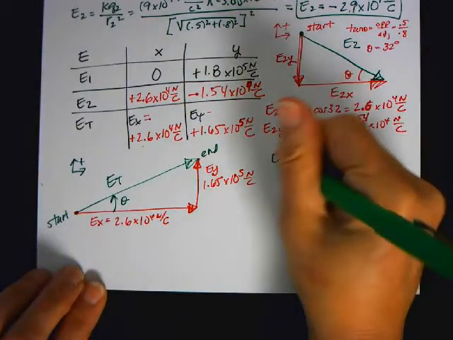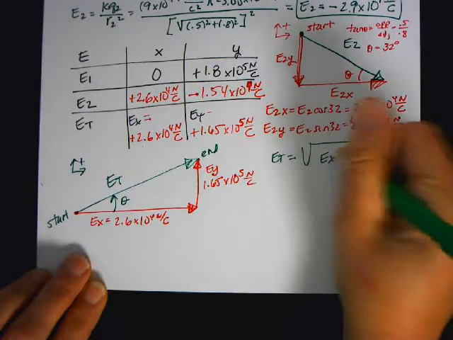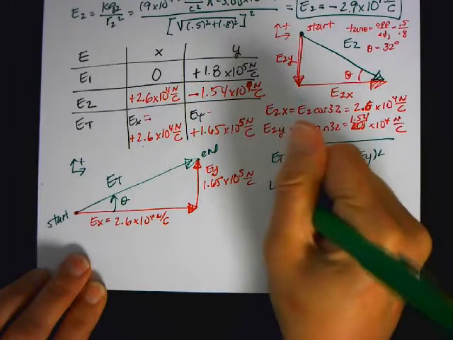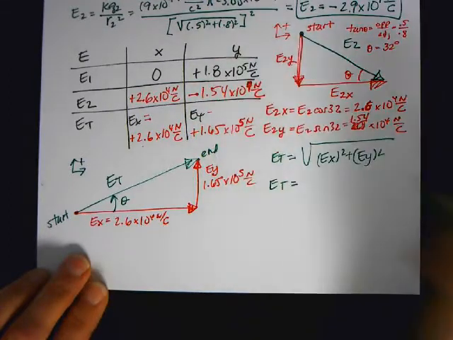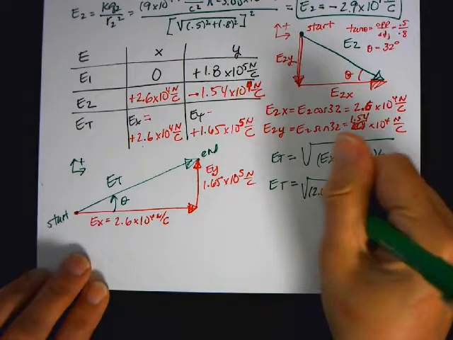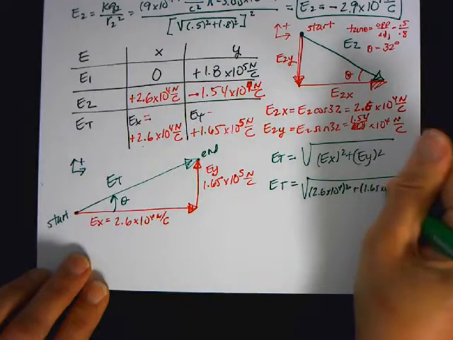So E total is equal to the square root of EX squared plus EY squared. So it's the square root of 2.6 times 10 to the 4 squared plus 1.65 times 10 to the 5 squared.